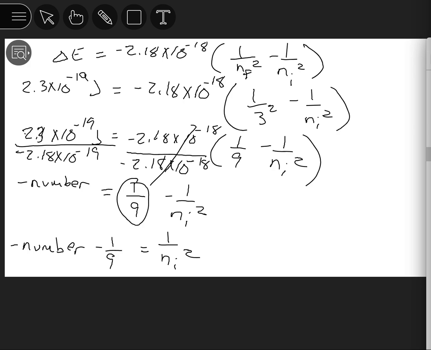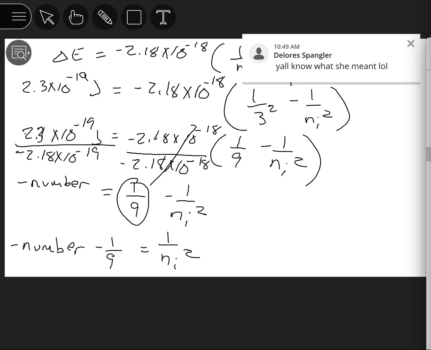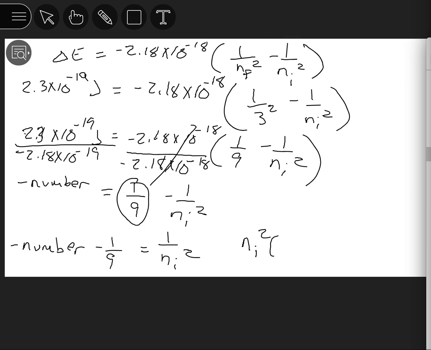So if I multiply both sides by n initial squared, then I get n initial squared times my number minus 1 over 9. And then I'm just going to divide by this right here.